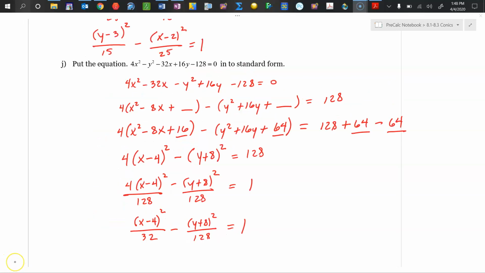hyperbolas. So just like we always do, we group the x and y terms together. We move the constant over to the other side, and we factor out any leading coefficients for the x squared and y squared terms. And when we do that and complete the square, we will end up with this line right there.